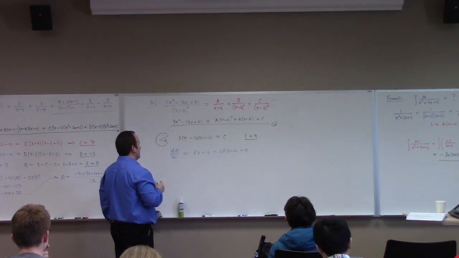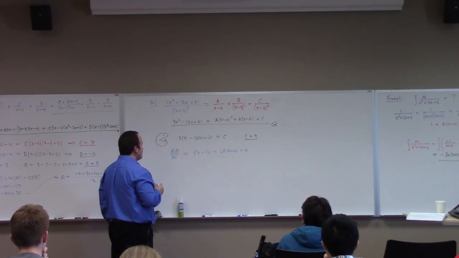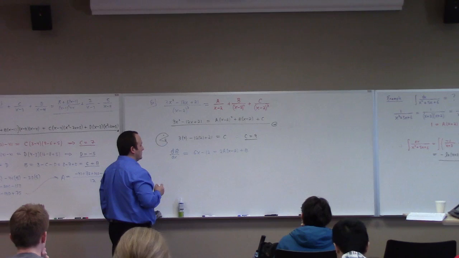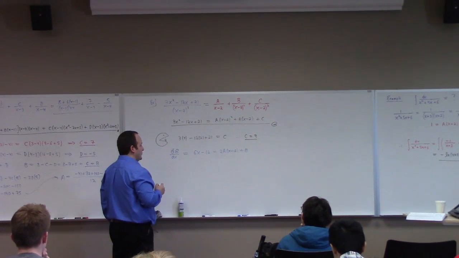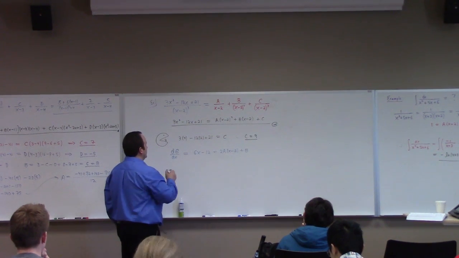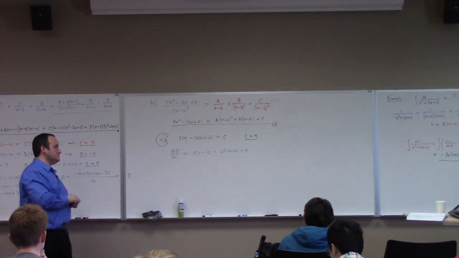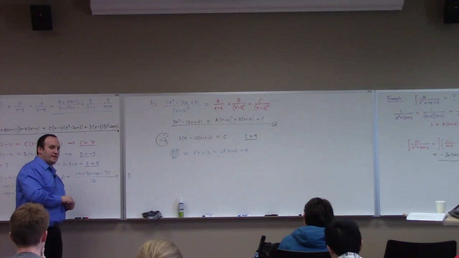Should it be 12 minus 24 plus 21? 33 minus 24 is 9. Es bueno. So that's 3 times 4, because 2 squared is 4. Let me keep going. I'm going to run out of time otherwise.